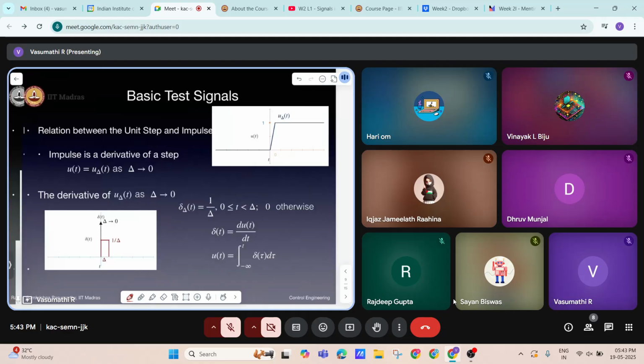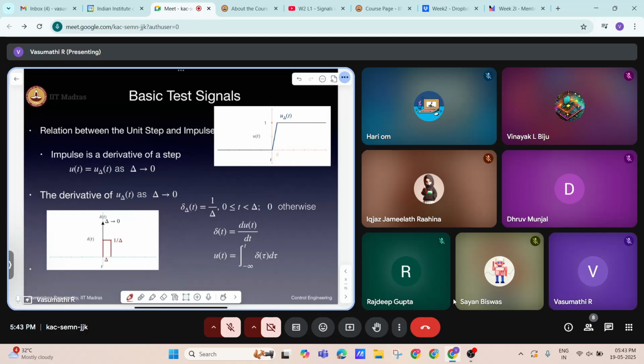Some basic relationships between these signals are given here. One is how impulse varies from step. As I said, at that particular time, impulse will be high, but for a step, the signal will be there forever, right?